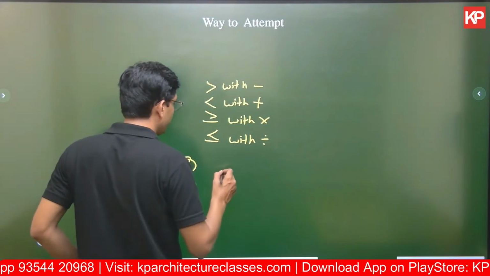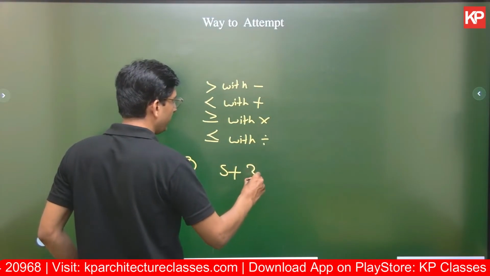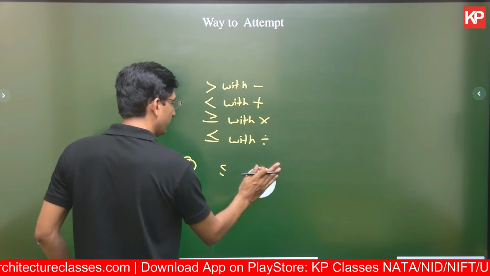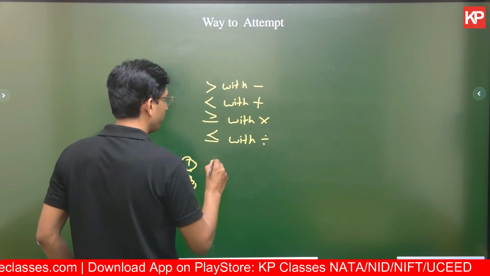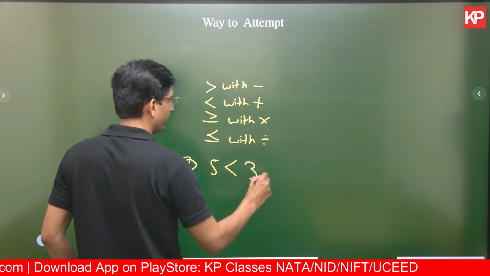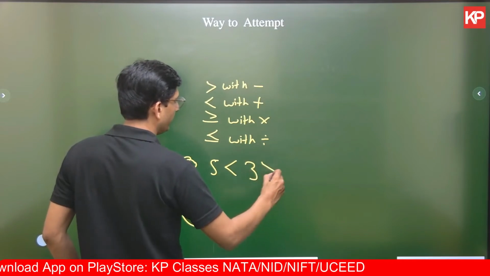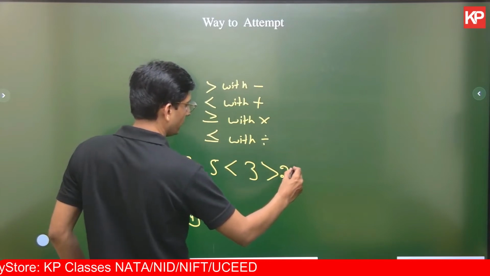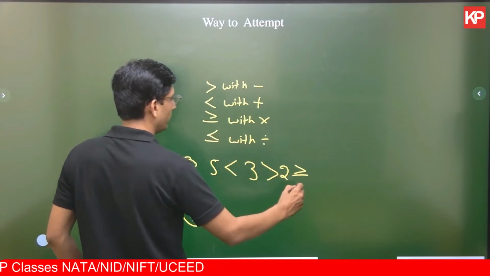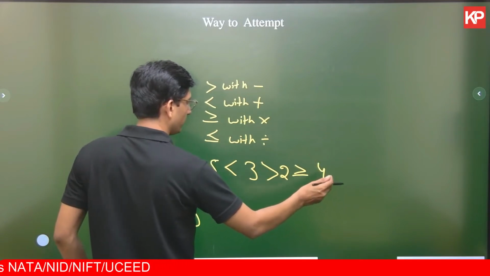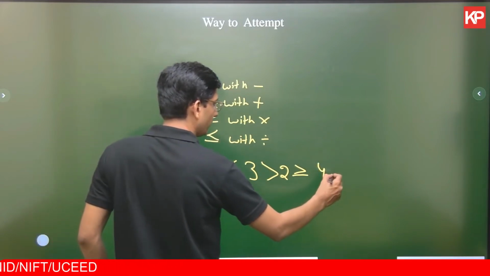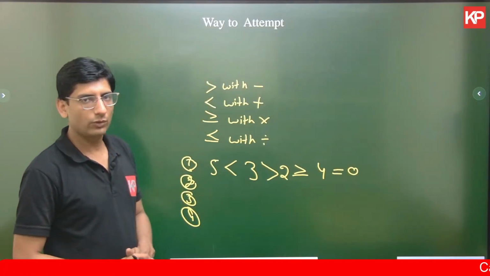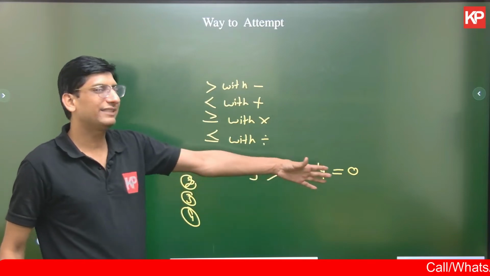It will be given to you like this: 5 smaller than 3 greater than 2 greater than or equal to 4 is equal to 0, and there will be four such equations. So you have to find out which is correct.